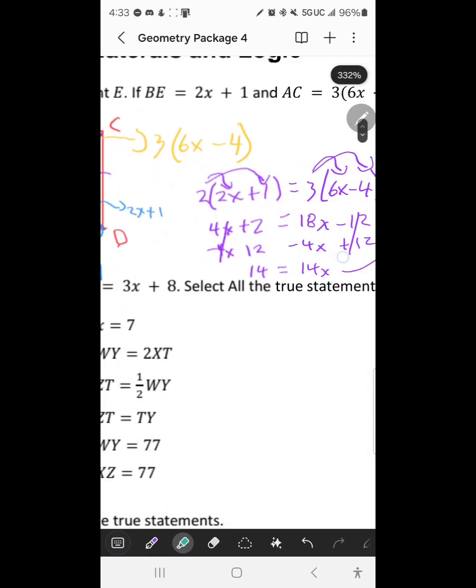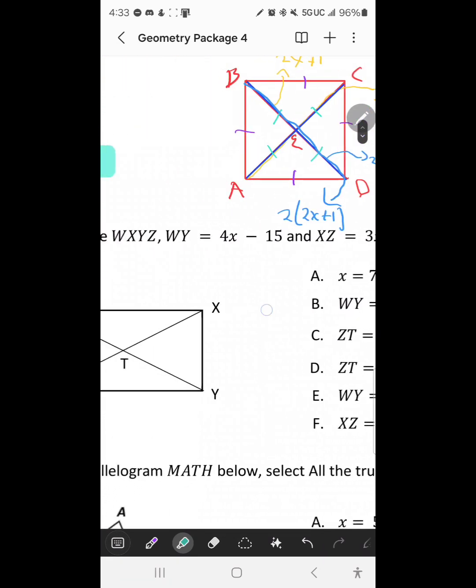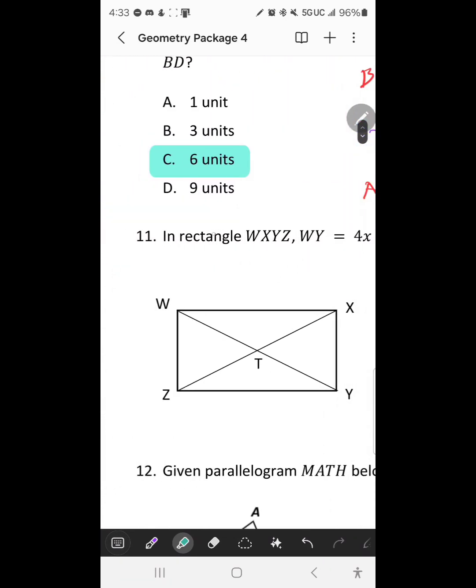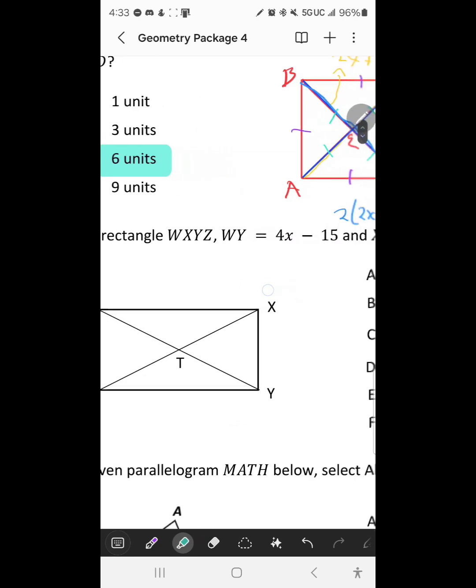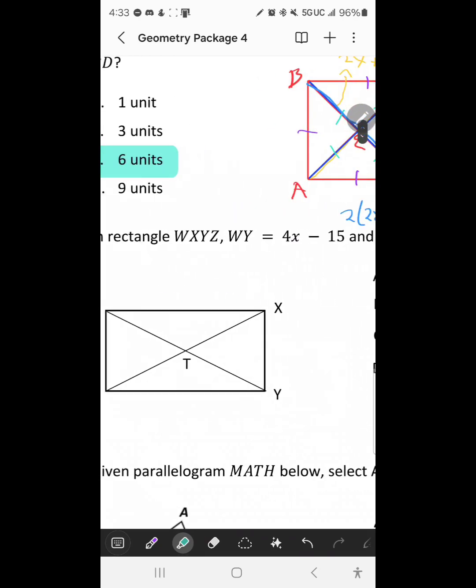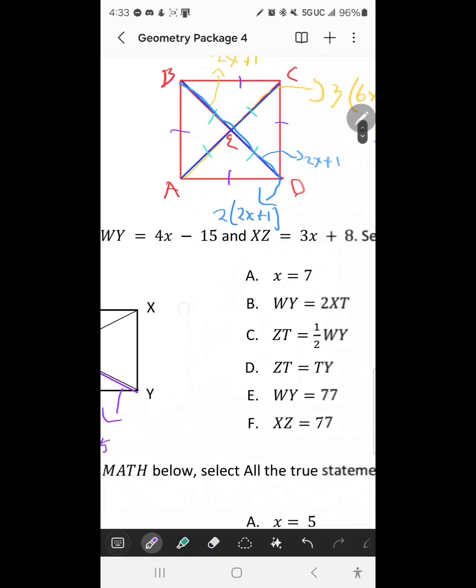So let's continue. Okay, in rectangle WXYZ, WY, the diagonal, equals 4x minus 15.